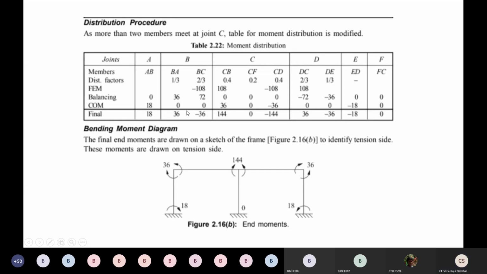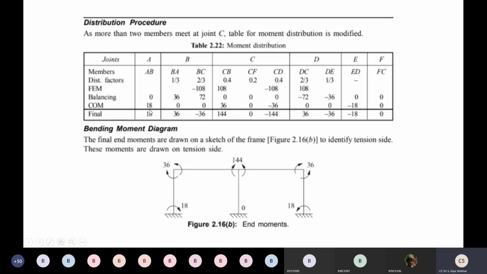After that, see carefully. Here 36 kilonewton meter is there for the BA member. In this, half of the moment we need to carry to the near joint. Half of the balancing moment we need to carry to the near joint.